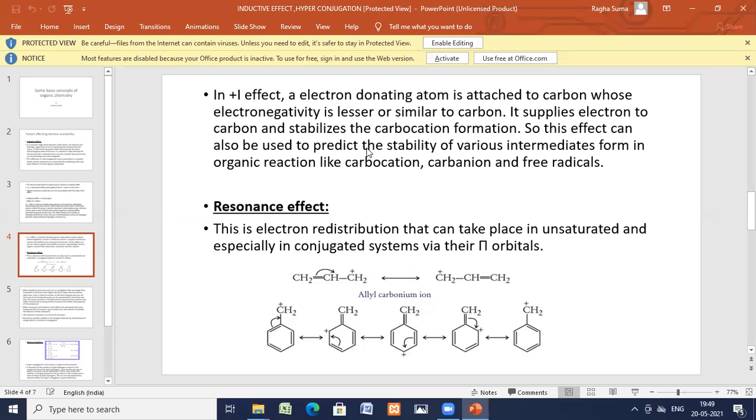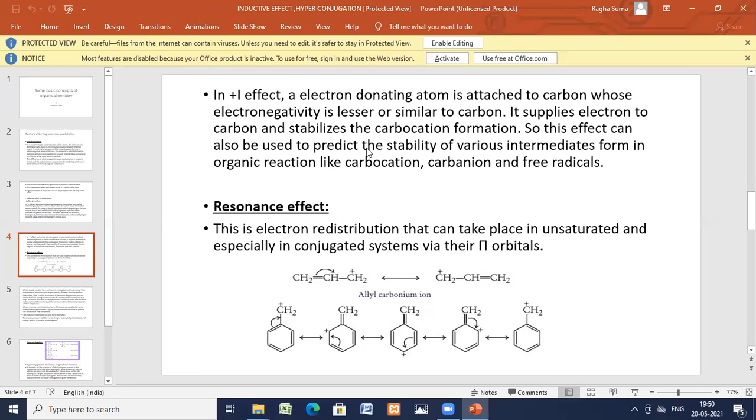These are nothing but the alkyl groups: methyl, ethyl, isopropyl, tertiary butyl. All these groups are plus I groups. So the carbon atom of the chain gets a partial negative charge when it is attached to a plus I group.